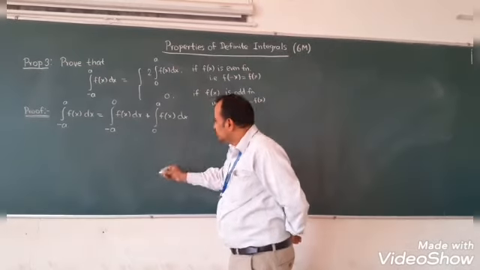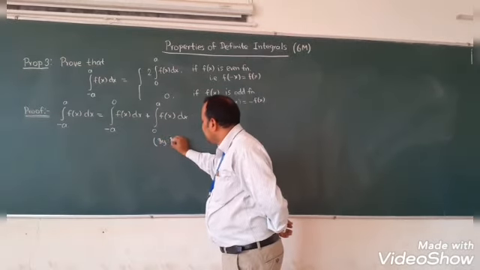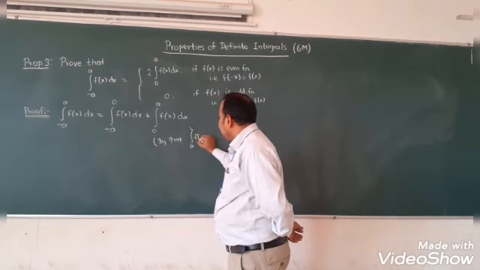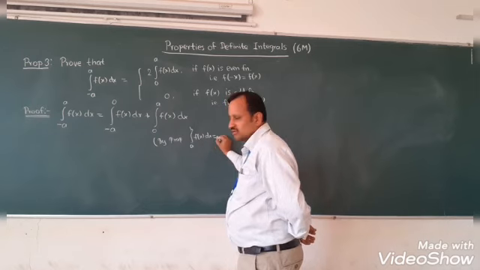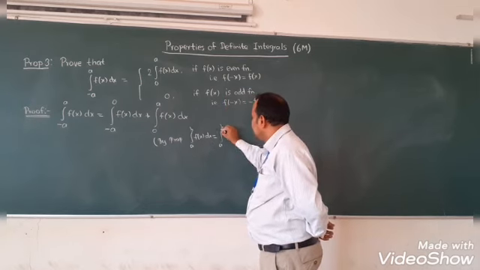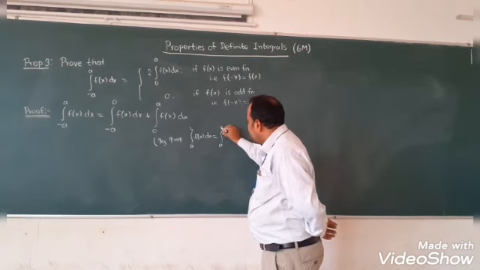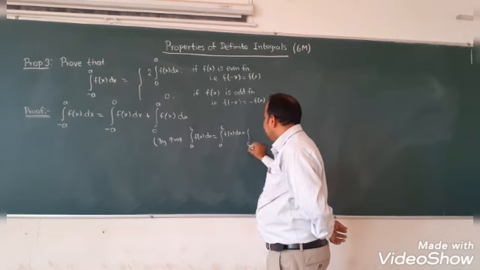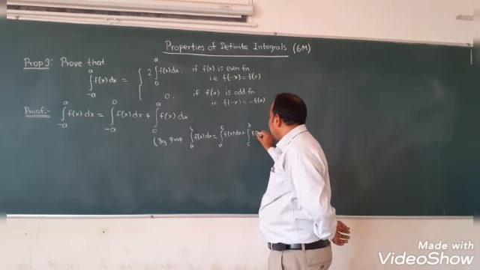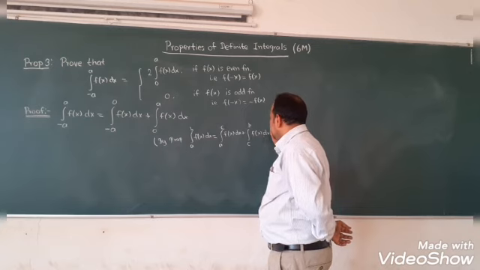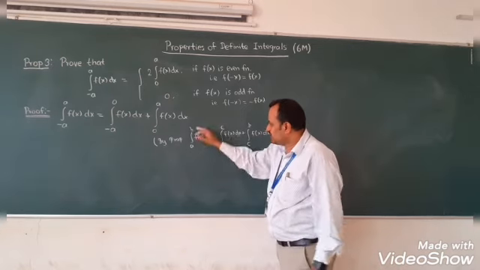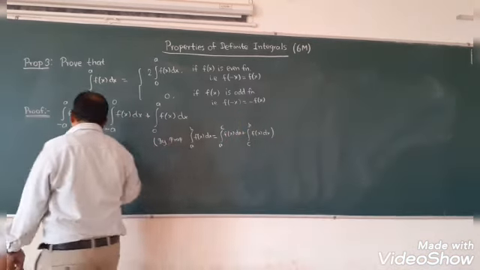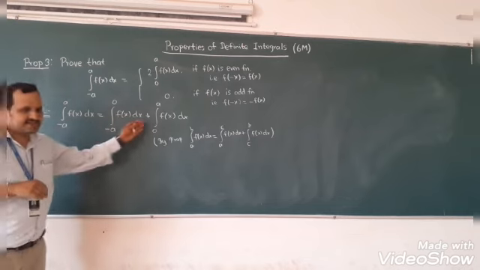There is one property: a to b f of x dx is equal to a to c f of x dx plus c to b f of x dx. So you can see a to b we can write as a to c, c to b. So by using this property, minus a to a f of x dx we can write like this.